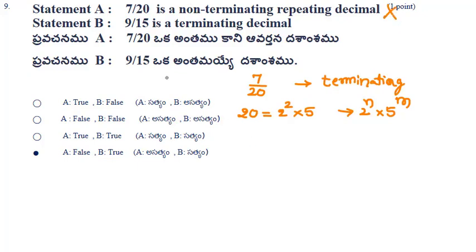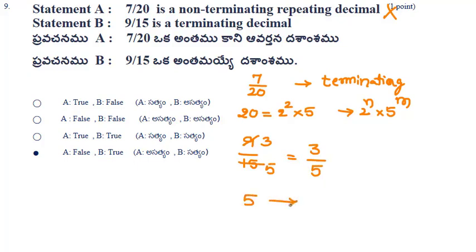And observe the second one, 9 by 15. Here numerator and denominator are not co-primes, so we have to cancel with 3. 3 3s are 9, 3 5s are 15. So it is 3 by 5 and denominator is 5.